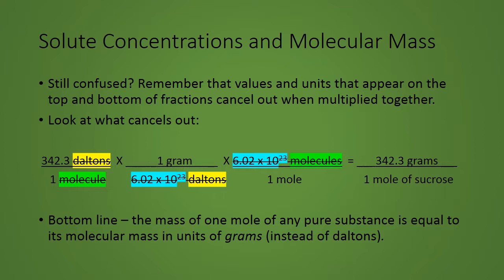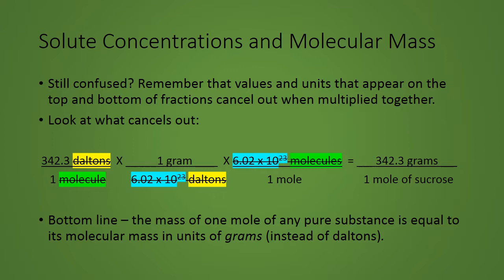You start with 342.3 Daltons per molecule. You use the next ratio or the next fraction, 1 gram per 6.02 times 10 to the 23rd Daltons. Well, the Daltons in the numerator and the denominator, the top and the bottom of the fraction, cancel. You continue with the next relationship, the next fraction, 6.02 times 10 to the 23rd molecules per mole.